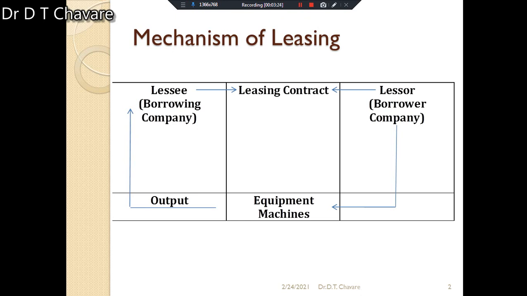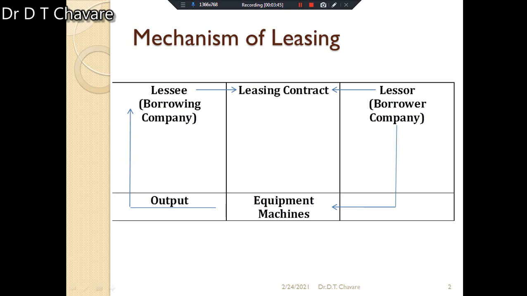On which basis are such machines provided? On a rental basis for a particular period. The other details, such as repairs, maintenance, supervision, labor, custody, etc., are also prescribed in the contract.